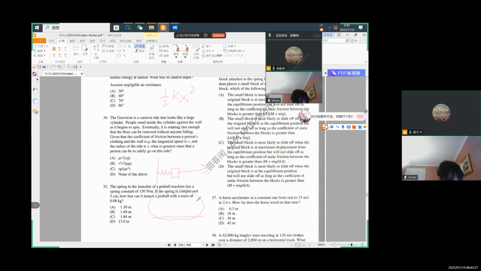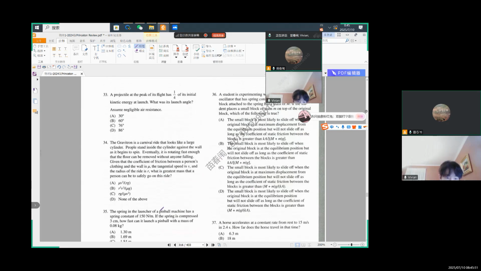You know the pinball machine, right? So that's why we don't have to think about gravitational potential energy, because it's a table, right? It's always the same gravitational potential energy. I don't have to think about that, right?